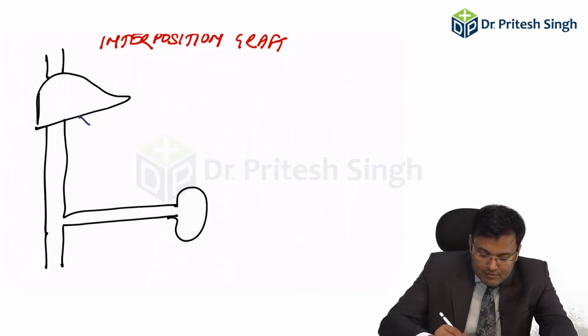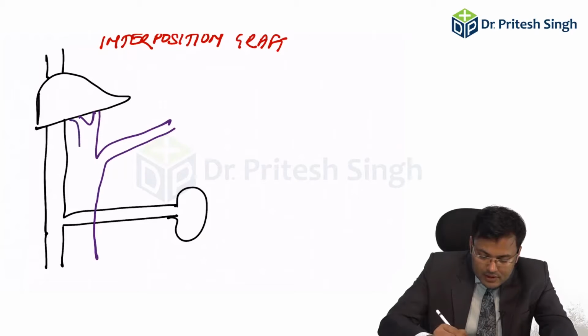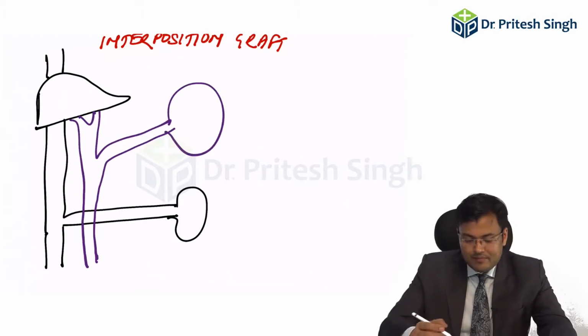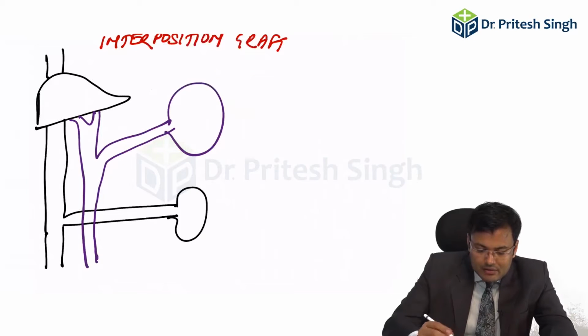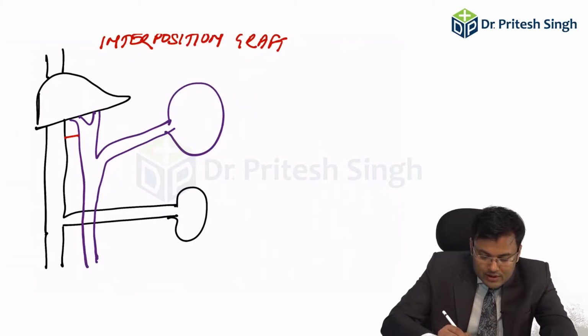Now you can see portal vein. This is portal vein. What is this? This is spleen. If we are using the interposition graft, can you see? Suppose this is the interposition graft. This is interposition graft. And this is also one interposition graft.